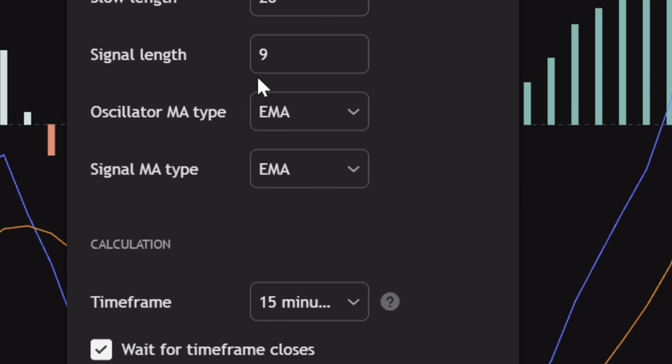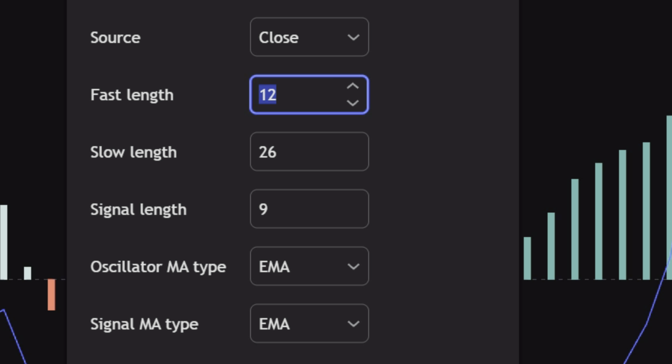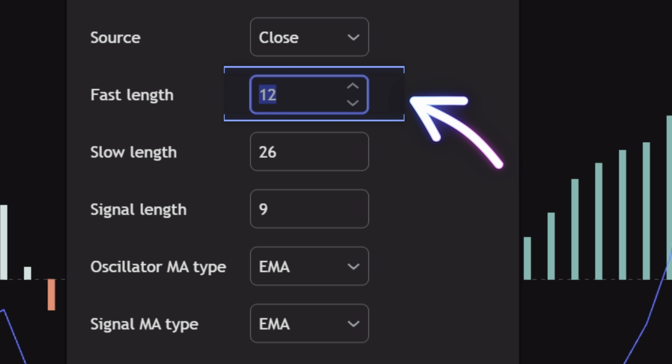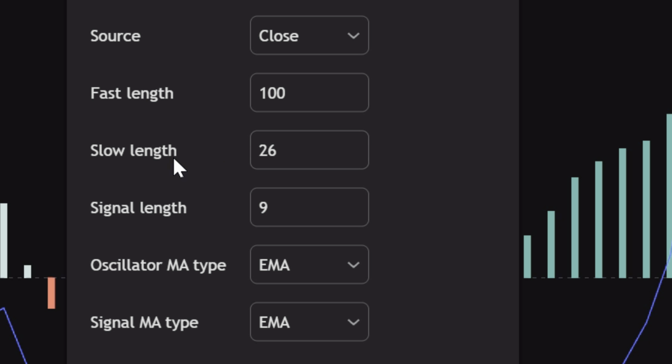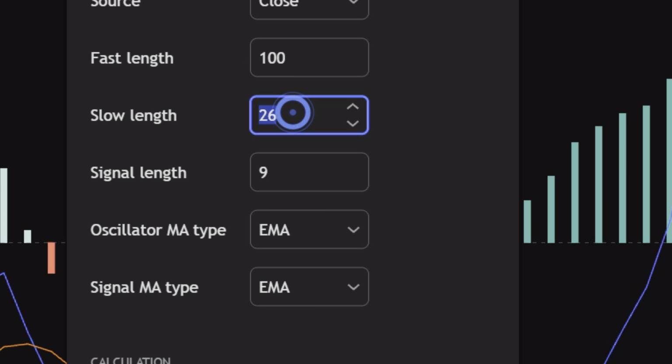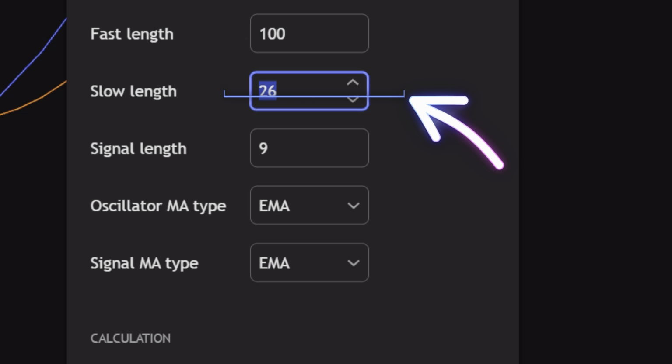In the Impulse tab, change the fast length to 100. Then change the slow length to 200. This will help us to identify the long-term momentum and overall market direction.